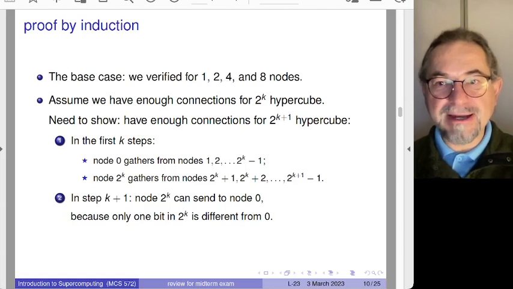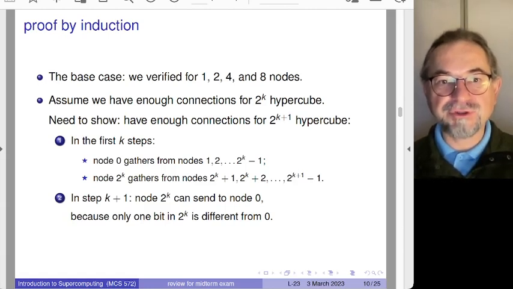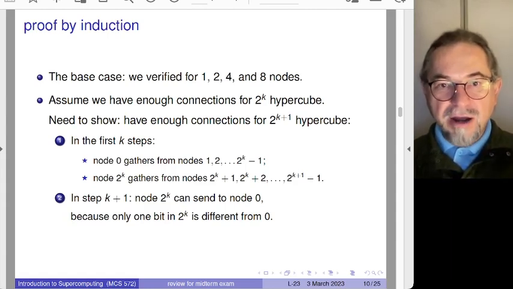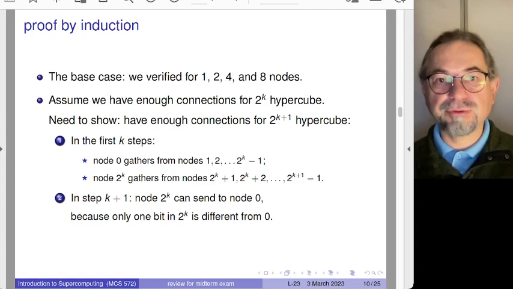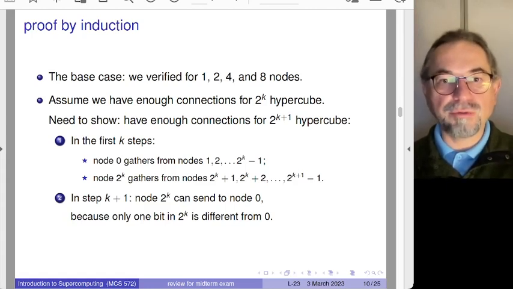And what essentially happens is that in the first k steps, you could see the hypercube with 2 to the power k plus 1 nodes as 2 hypercubes of a lower dimension, each with 2 to the power k nodes.